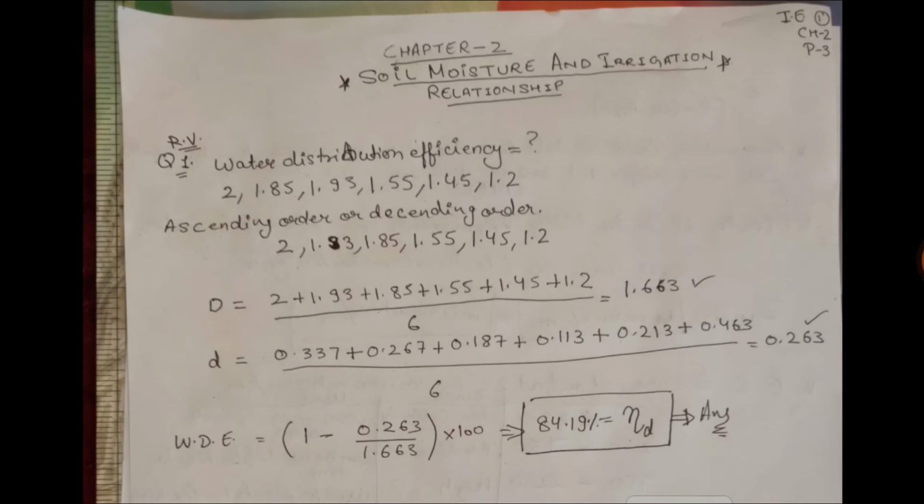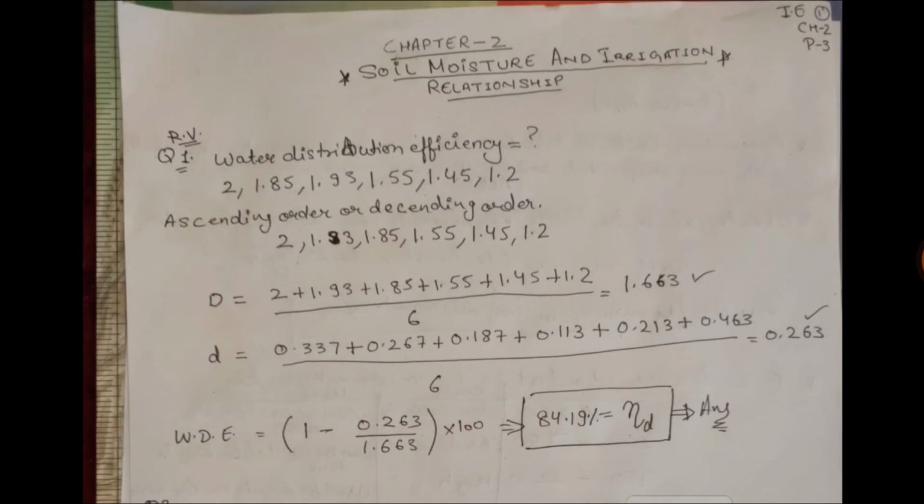There was a numerical about efficiencies, and I have solved it for you. First, if the values are not given in order, you have to arrange them in descending order.